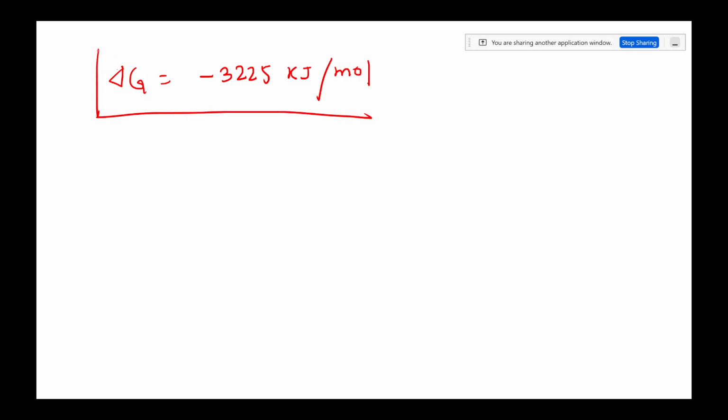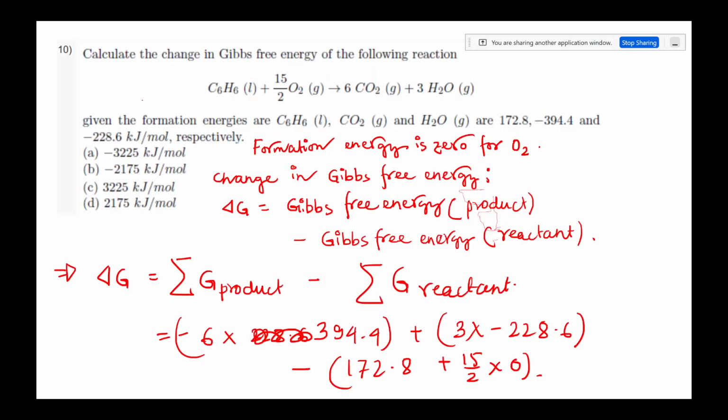If you do the calculations, then delta G becomes minus 3225 kilojoule per mole. So that's the thing. So option A is correct.